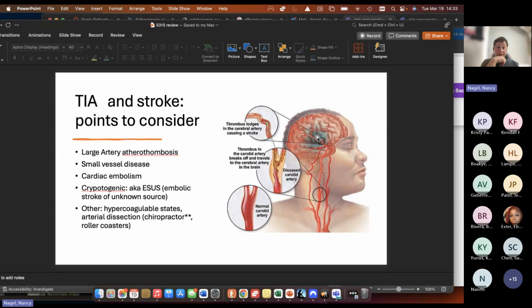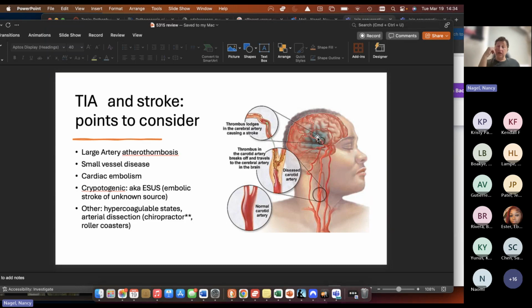Now, another etiology of strokes is cardiac embolism. So if you go back to the heart, if you think about the left atrial appendage, which is that flappy little thing on the base of the heart over the left atrium, that actually tends to be where most of our embolic strokes come from. Remember, embolic is something that has been moving through the bloodstream.